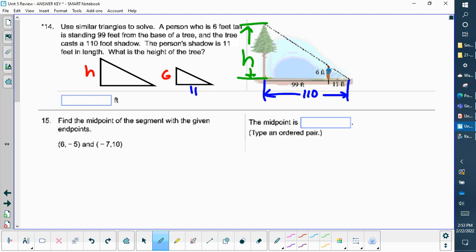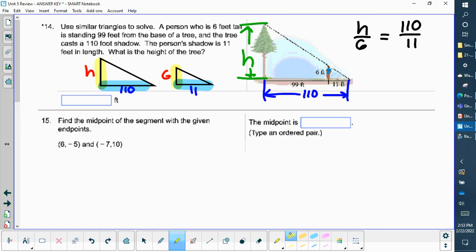Okay. Now, let's go ahead and set up our proportions. Let me put in the 110 here. Again, I don't care if you choose small over big, big over small. Maybe this time I'll do big over small, and I'll do my math up here. h over 6 equals big over small, 110 over 11.